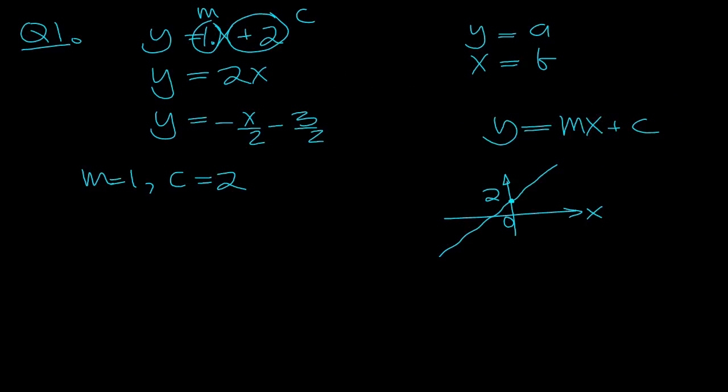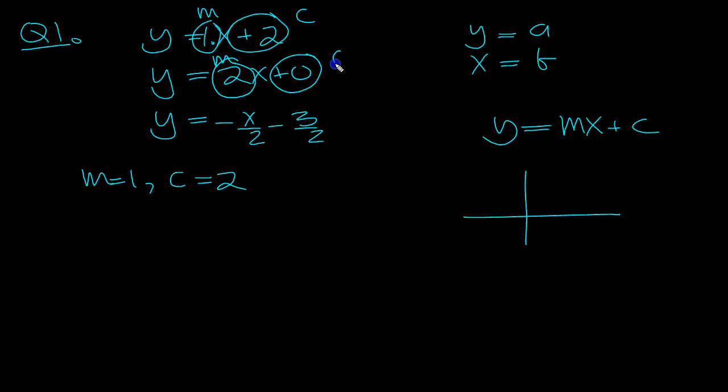So that's the first one. Next one, y equals 2x. Here, circle that m. It's actually 2x plus 0, isn't it? So the intercept is 0. The slope is 2, because 2 can be written as 2 over 1 as a fraction. So for every one you go along, you go up 2. So it's quite steep.